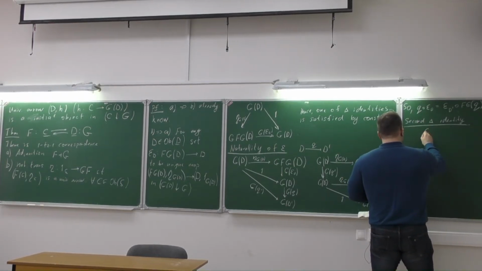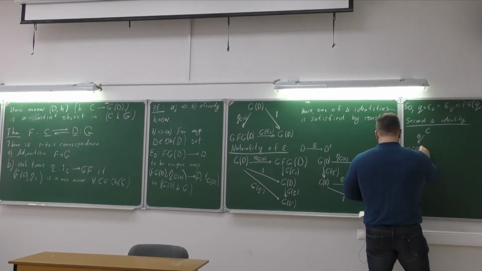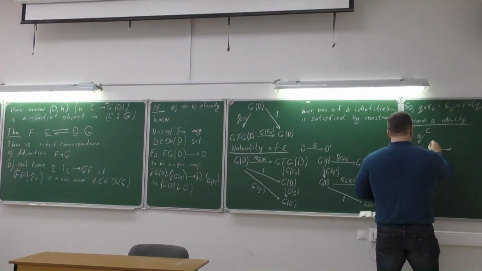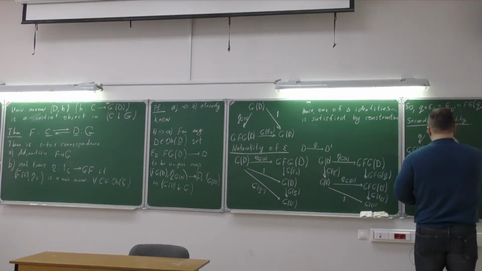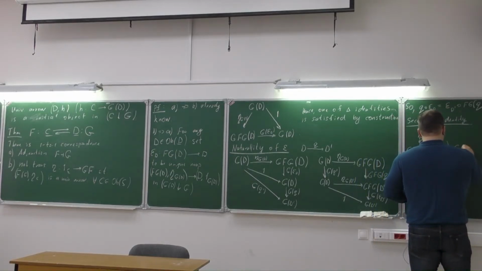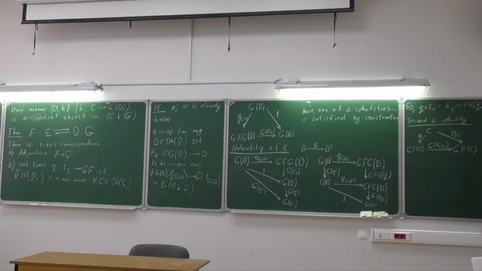I have C, eta sub C to GF of C. Here I have G applied to the identity for the object F of C, GF of C, eta sub C. Clearly this is a commutative triangle.